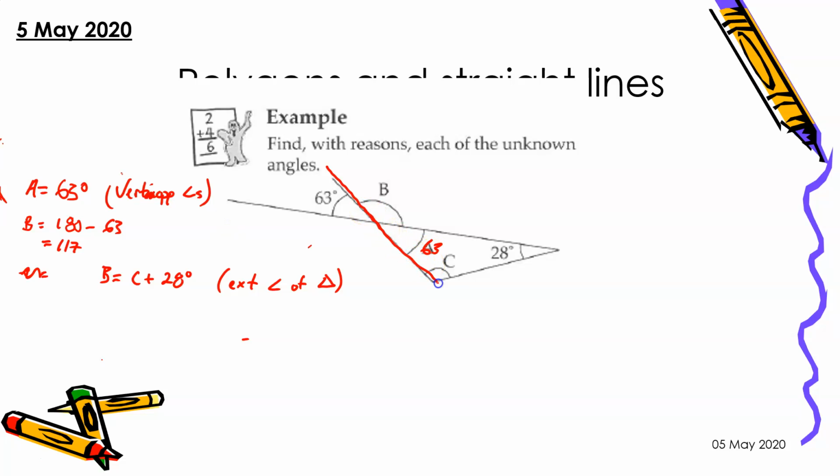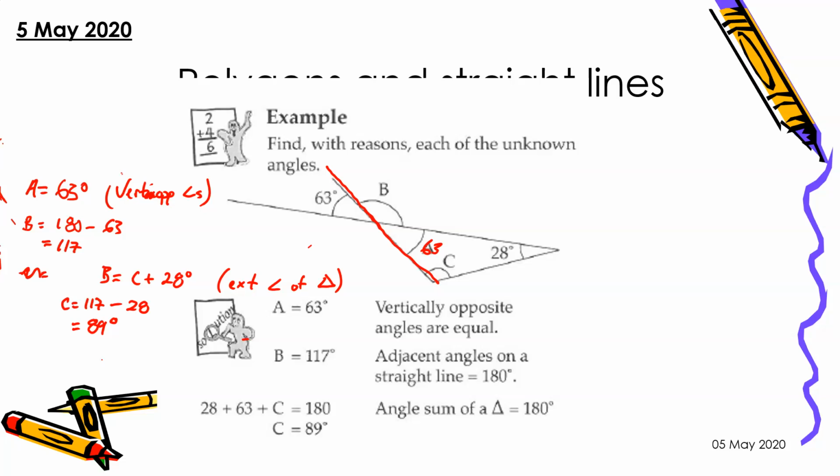So we can see that's a straight line, and B is the exterior angle. So if we rearrange that, especially now that we know that B is 117, C must be equal to 117 take away 28, which means that C must equal 89. And there we go, we've got the answer there.